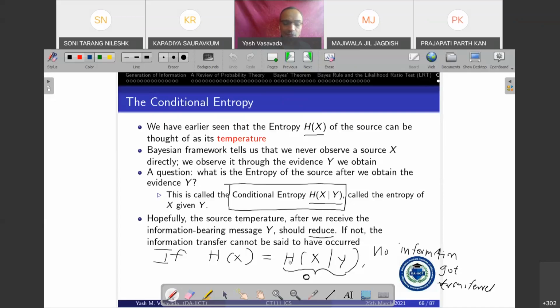But then what would be the right parameter? You would want to think in terms of the source temperature before and after you got the measurement.